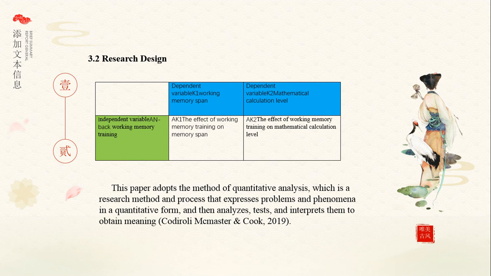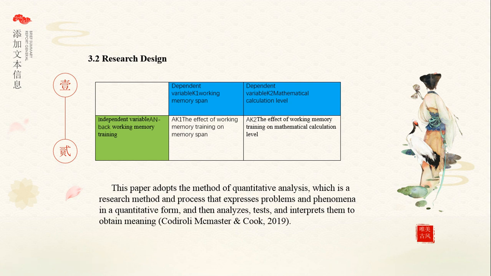Okay, next is the research design. Here is the independent variable. Here are the 2 dependent variables. Here is the AK1 that I mentioned in chapter 1, the effect of working memory training on memory span. Here is the AK2.